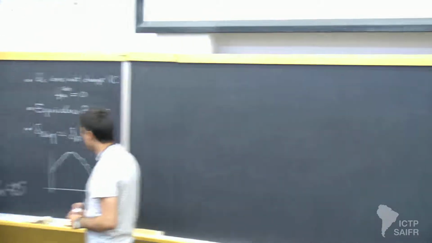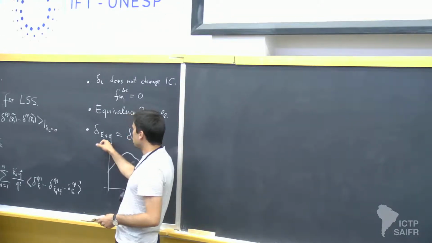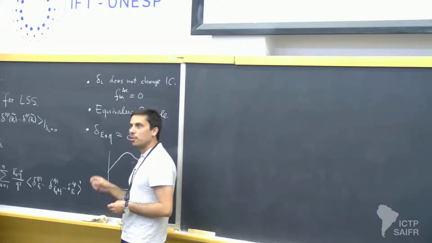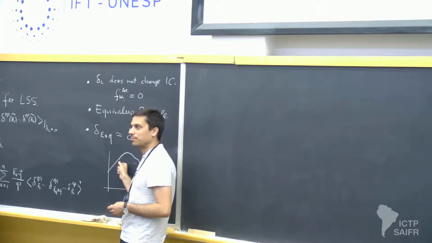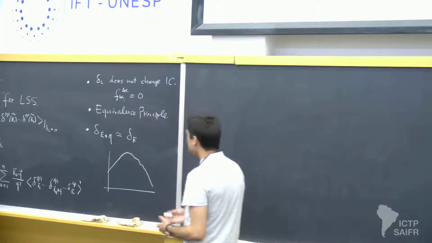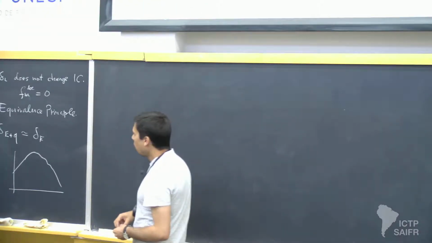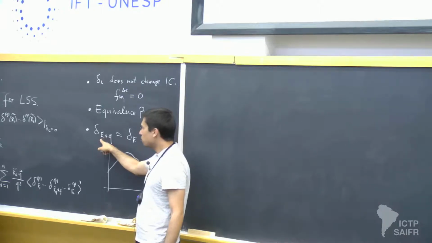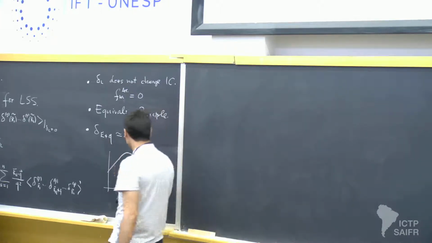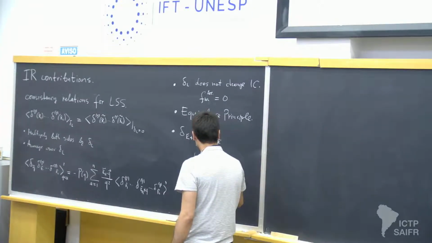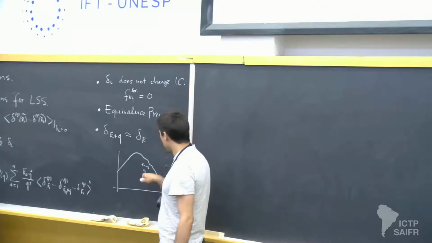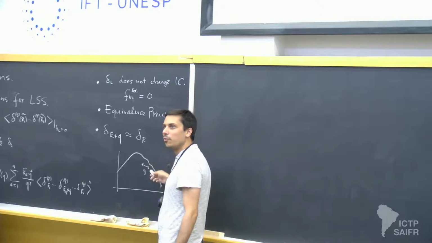And so it is not enough to say, oh, this q just goes to 0 and this is true. You have to be worried about the presence of these other scales in the problem. In particular, you can be in a situation where q is much smaller than k, so k is much larger than q, but q is still comparable or larger than the frequency of the BAO wiggles.